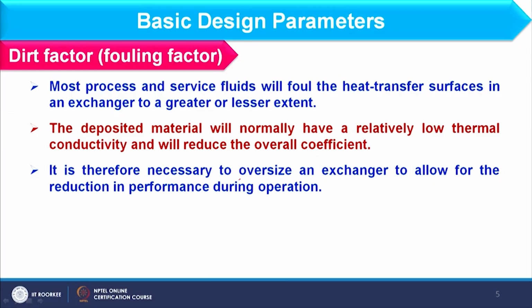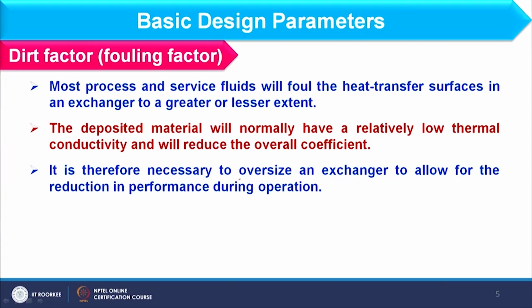Because of this resistance, the overall heat transfer coefficient decreases. And if you remember the overall heat transfer coefficient expression, it has 1 by HOD, 1 by HID, that is the coefficient of dirt factor, which is reciprocal to the dirt factor.